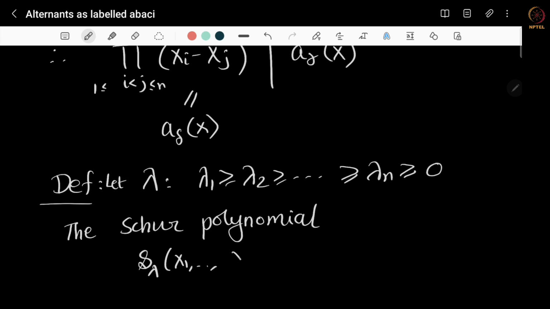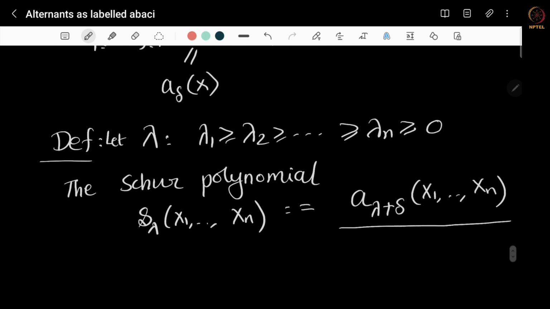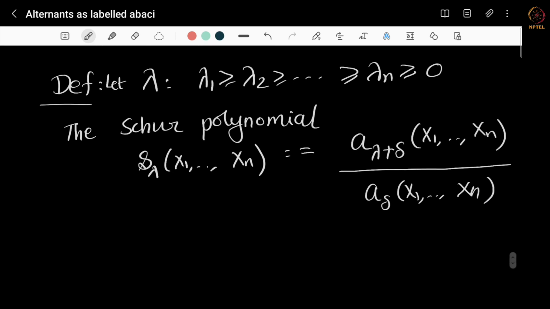Now I'm going to say let lambda be an n-tuple, lambda 1 greater than or equal to lambda 2, and so on, lambda n greater than or equal to 0, so that lambda plus delta is a strictly decreasing sequence, as we saw before. The Schur polynomial, this is the definition, S lambda of x, in x1, x2, up to xn, is defined to be the quotient.